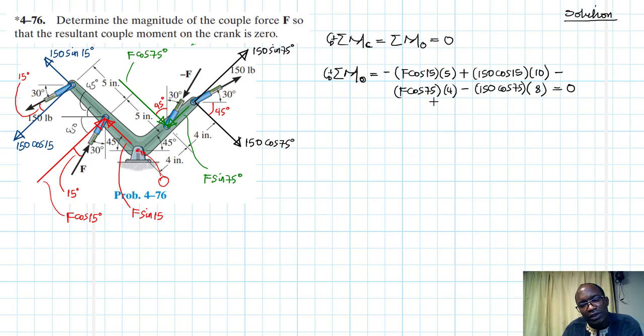Right. So now we have this equation, we can make F the subject of the formula. So F therefore is going to be equal to, grab your calculator: 150 cos 15 by 10 minus 150 cos 75 by 8, divided by minus 5 cos 15 minus 4 cos 75.